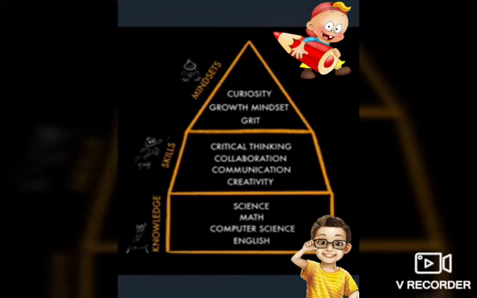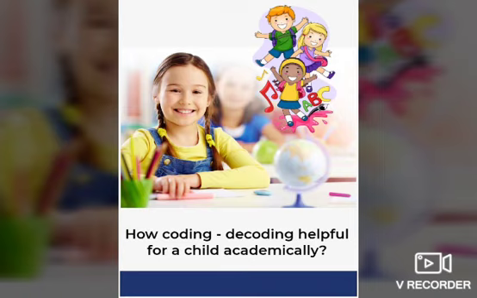It is helpful in critical thinking, collaboration, communication, creativity. Yes, of course, we have to impart knowledge to a child. So to impart knowledge, it is helpful in subjects too.